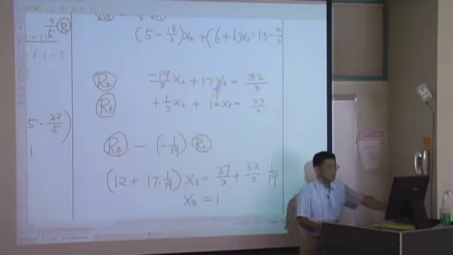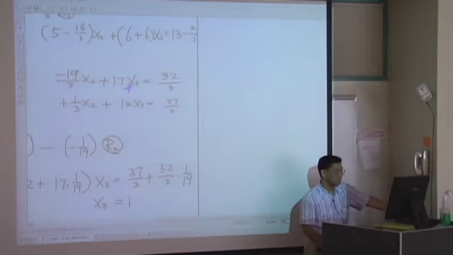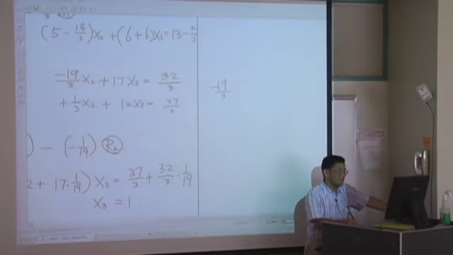Then what do we get? I will use the right side column. Minus 19 over 3 x2 plus 17 times x3 equals 32 over 3. But it is good to use it on the right-hand side, right? So 17 times 1.